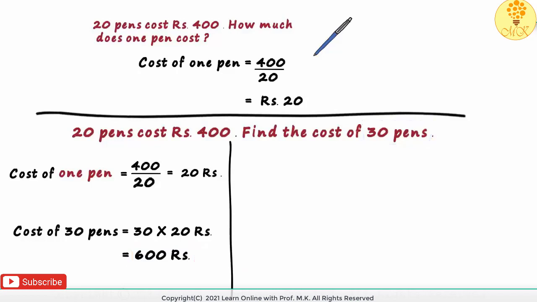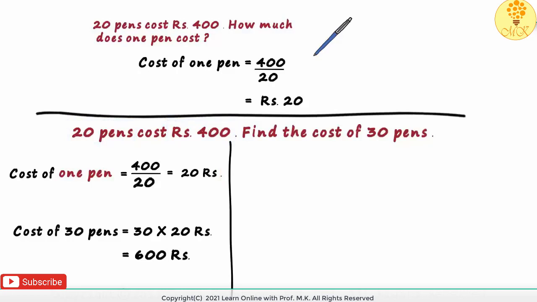Let's analyze what we just did. We were given the cost of a set of pens, and we were asked to find the cost of another set of pens. Here, we are given the total cost of 20 pens. We have been asked to find the cost of 30 pens. To find the total cost of 30 pens, we first found out the cost of one pen using this information.